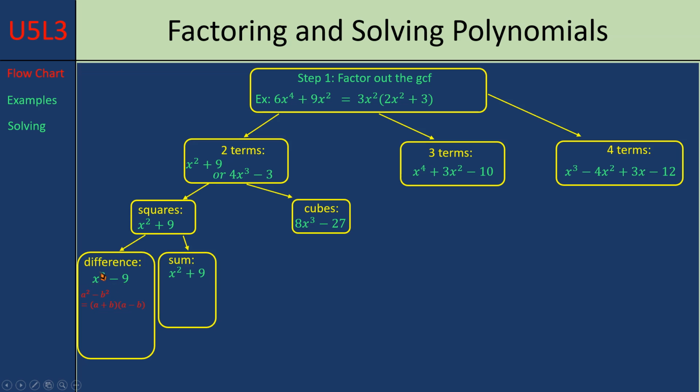Like a is the square root of x squared. So a is just x, right? And b is the square root of 9, which is 3. So a is x and b is 3. You see how x squared is a squared, 3 squared is b squared, which is 9, right? So following that formula, I have a plus b, which is x plus 3 times x minus 3, right?